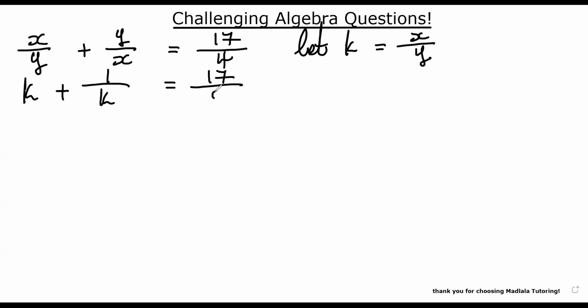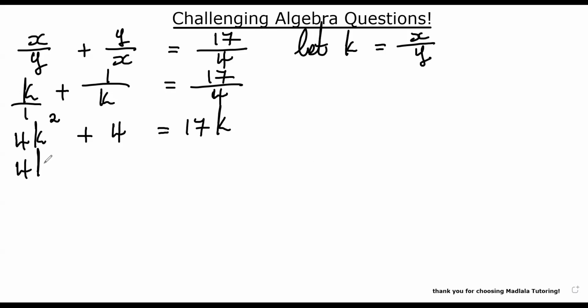And you say everything is equal to 17 over 4. Then here you can see that your LCD is going to be 4k. So multiplying everyone by 4k, here you get 4k squared. And here you get a solid 4. And everything is equal to 17k on the right-hand side.